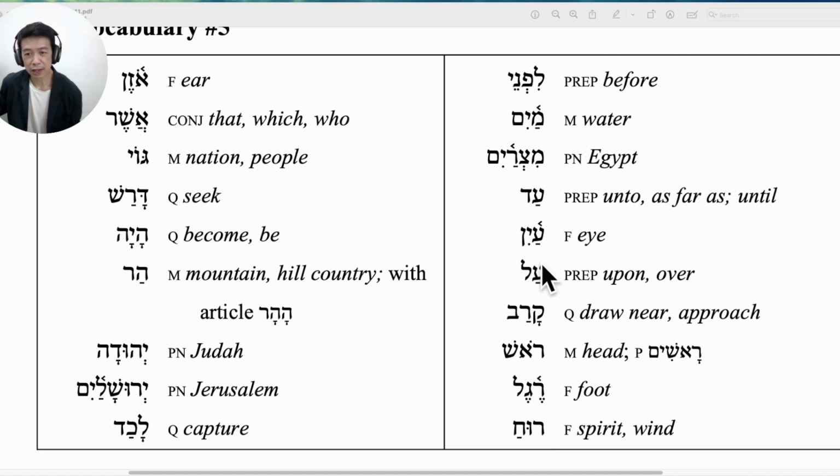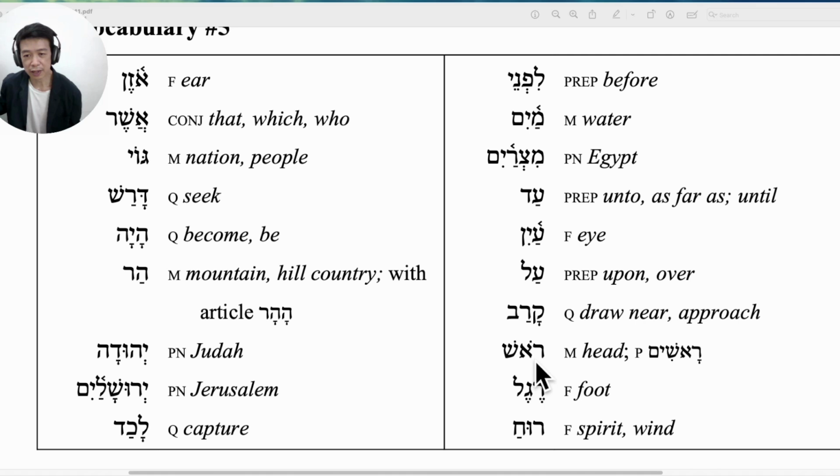The next word is upon or over. It's pronounced as al. The next word is draw near or approach. It's pronounced as karav.